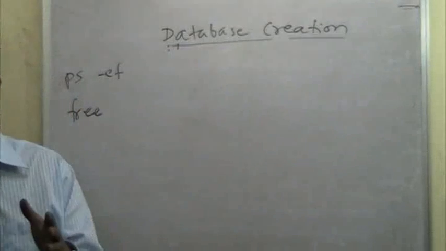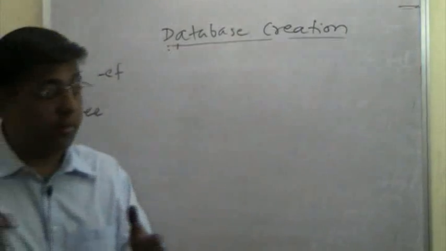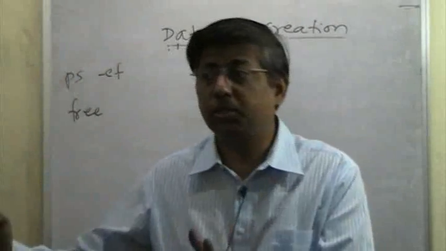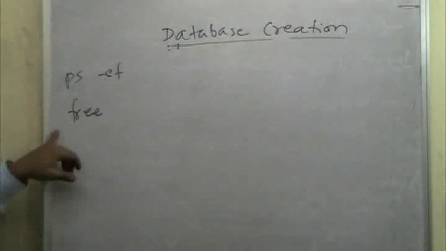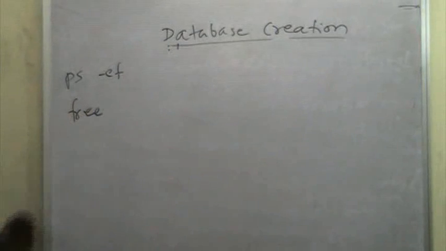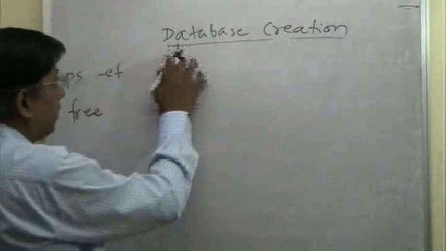So earlier 800 megabytes were free. Now I have started up my instance, suddenly my free memory has gone down. Why? Because the SGA has been allocated. So that is something that you can check in another window on the same machine, on the Unix prompt.